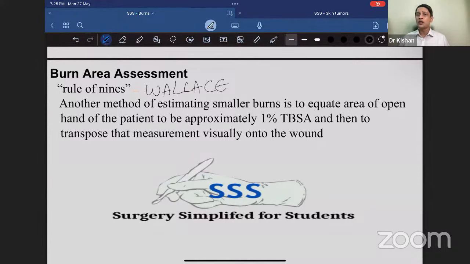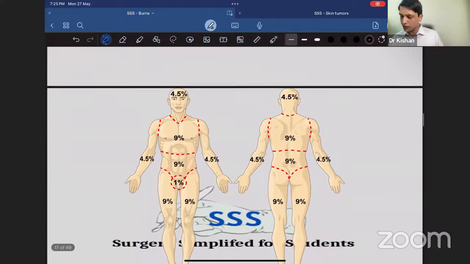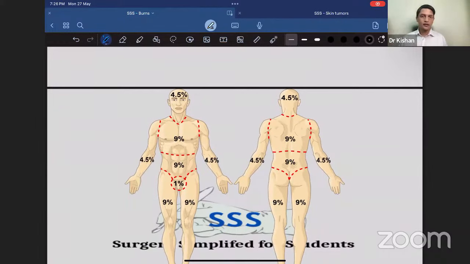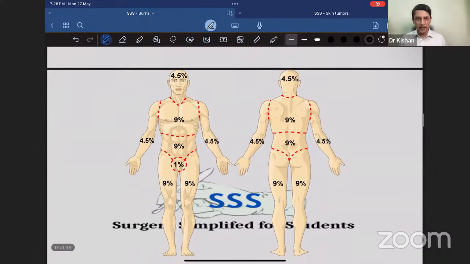So once again, to revise for those who don't know, or even some third years who are with us: the rule of 9 by Wallace is used to calculate the total body surface area of the burn injury. Head and neck constitutes 9%. I have a photo here for you. The front and back of the entire head and neck constitutes 9%. The chest is 9% and abdomen is 9%.